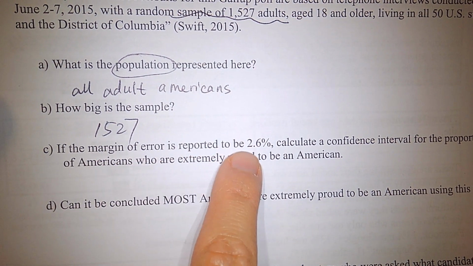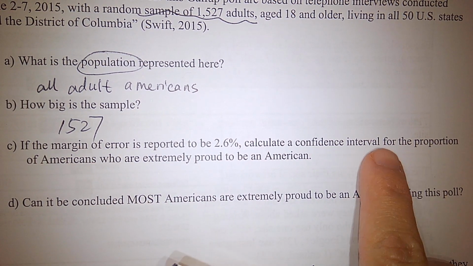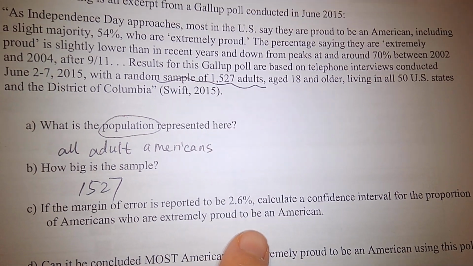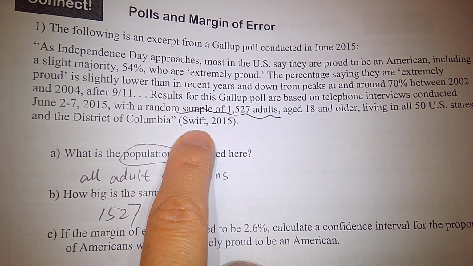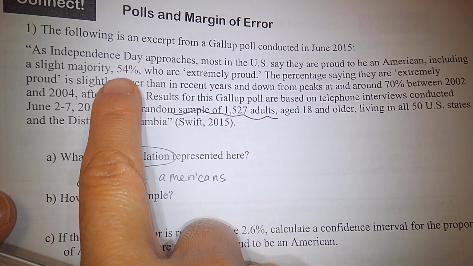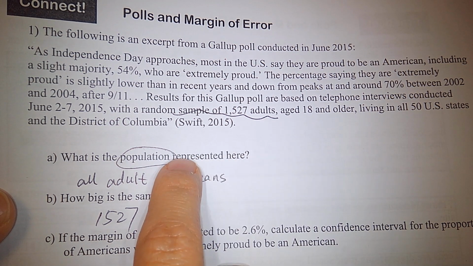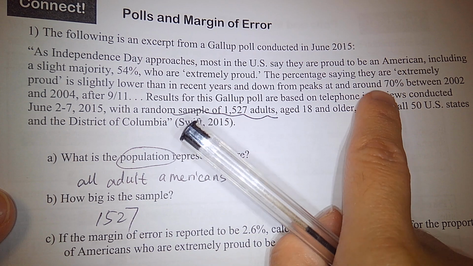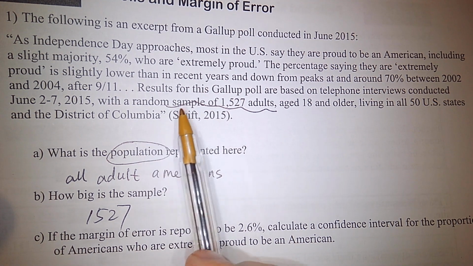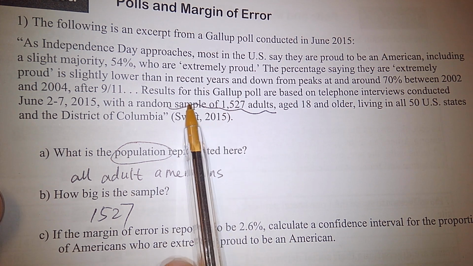If the margin of error is reported to be 2.6%, compute the confidence interval for Americans who are extremely proud to be American. So this survey was done in 2015, right? There are two percentages in the question, 54% and 70%. Which percentage should we use? Are we using 70%? No, because we're talking about 2015, right?